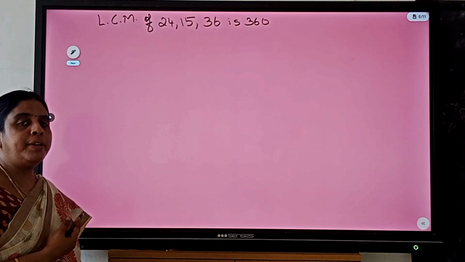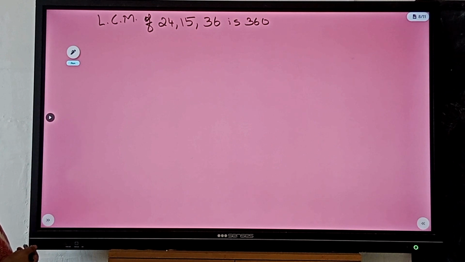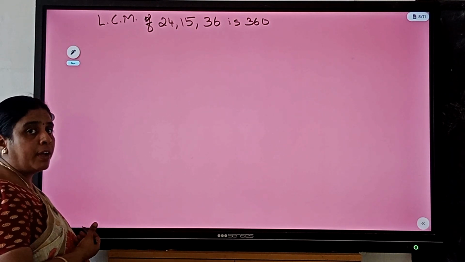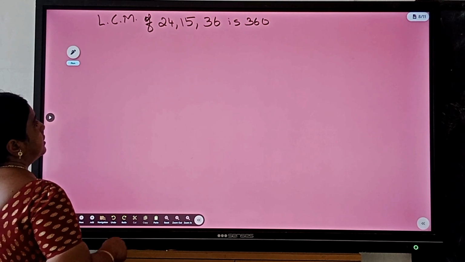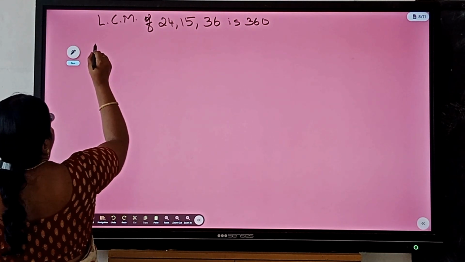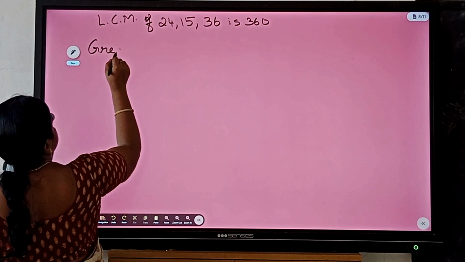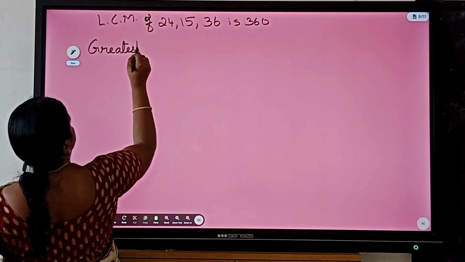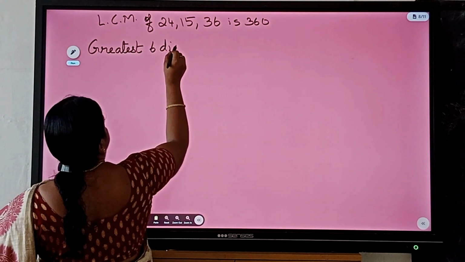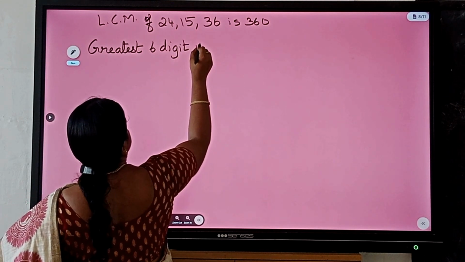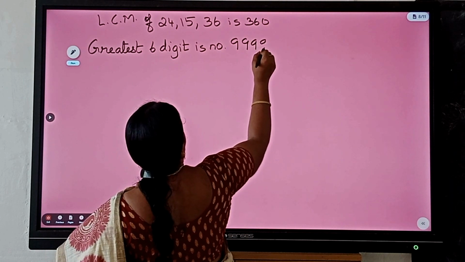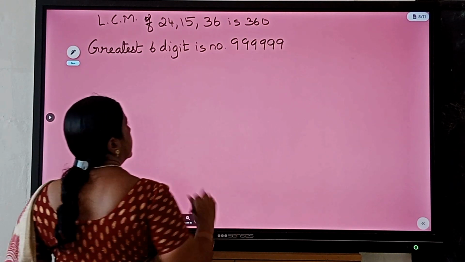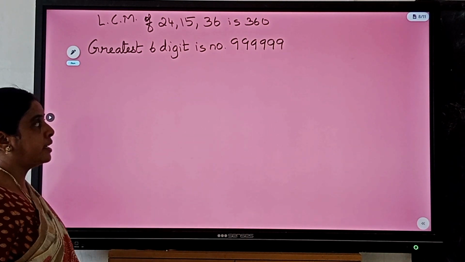We now found out the LCM of 24, 15 and 36, to find easily the greatest 6-digit number which is divisible. Now we all know the greatest 6-digit number is 999999. So this is the greatest 6-digit number.